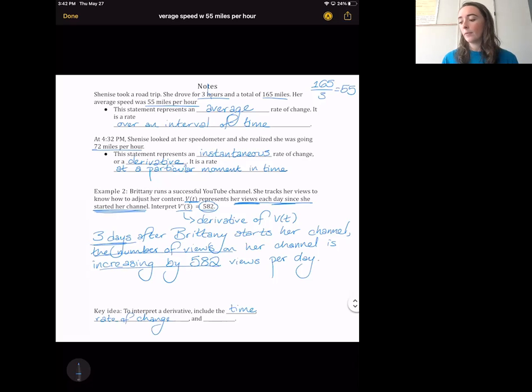And then lastly, we need to have units on every single number that exists in this statement. So that would be our 3 days and our 582 views per day. We need to include time, rate of change, and our units.